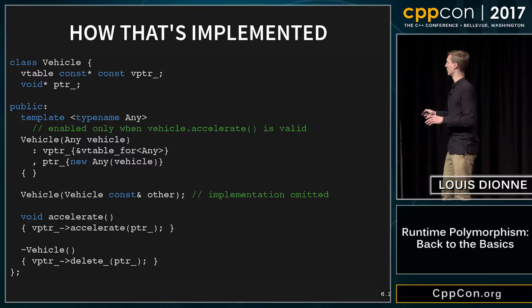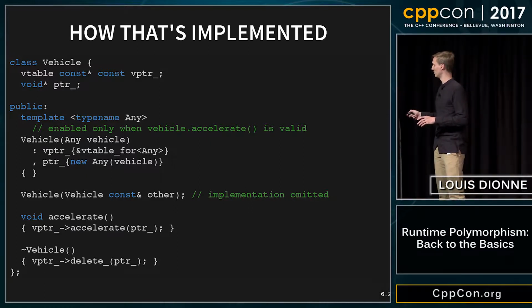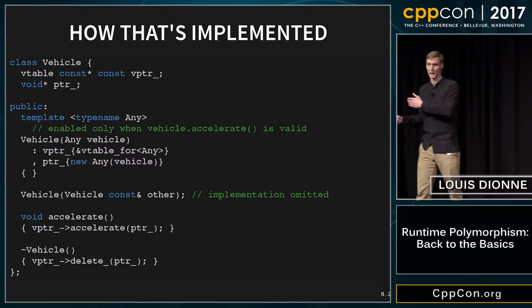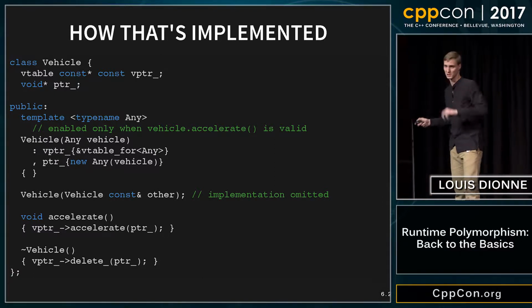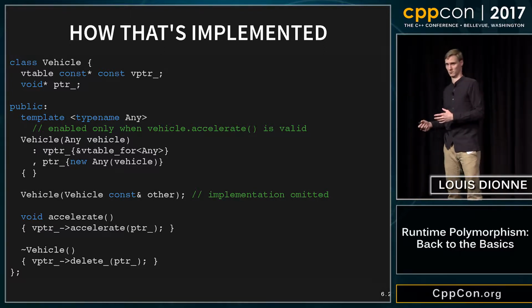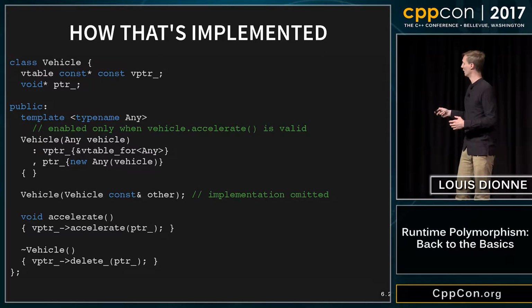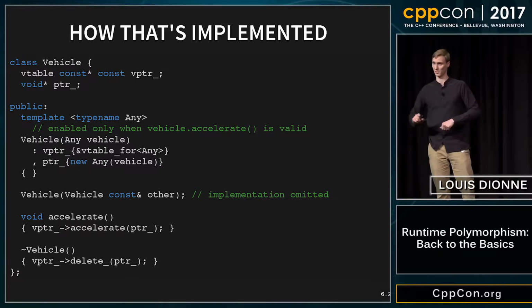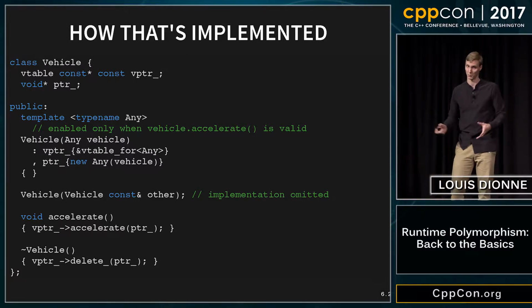And then when I want to call my method, I just go into my vtable through my vpointer, and I call that on my this, which is basically the pointer to the object that I'm holding. And when I destroy my vehicle, I indirect through my vtable again, and I destroy the thing that I'm holding.